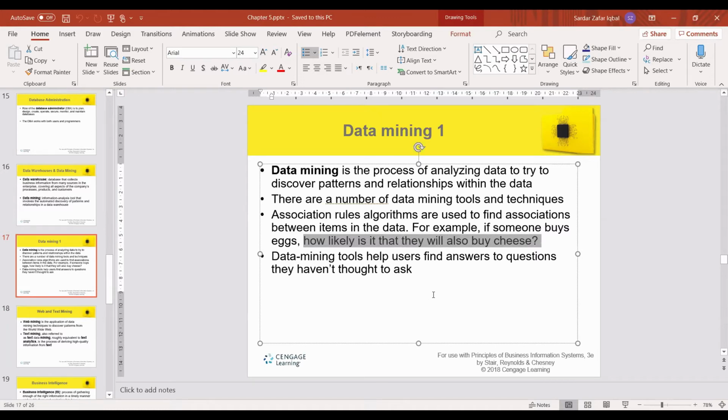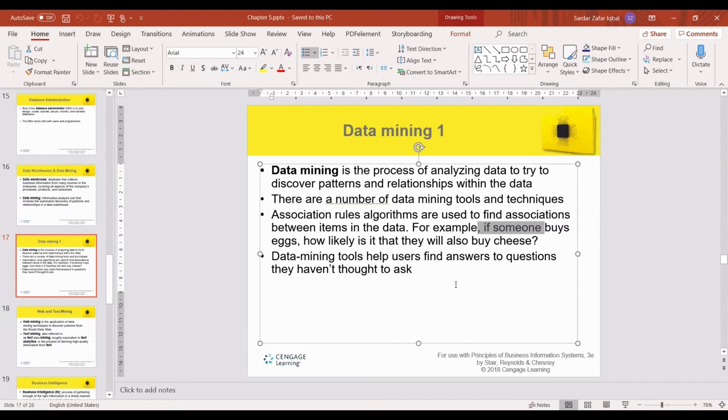Now understand this question, guys. This is the association rule, meaning the relationship. If someone buys eggs, how likely is it that they will also buy cheese? So there is a chance for that, right? If you are going to buy eggs, there is a chance you are also going to buy cheese because they have a relationship.